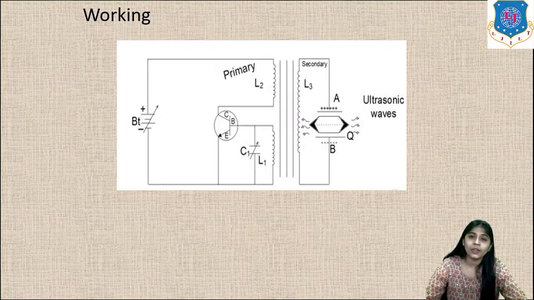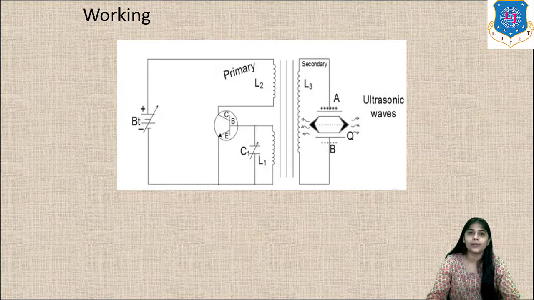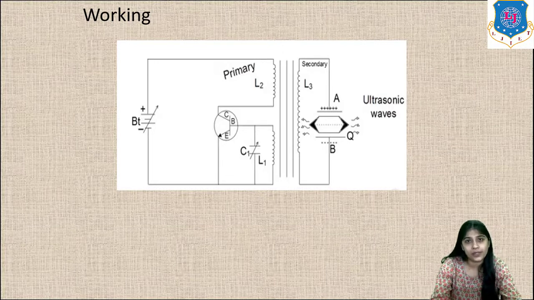As you can see in this diagram, the battery is connected between the L2 coil and the emitter of the transistor. This is the first half of the oscillatory circuit.